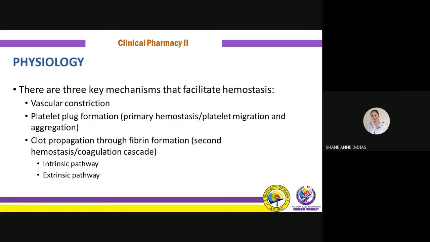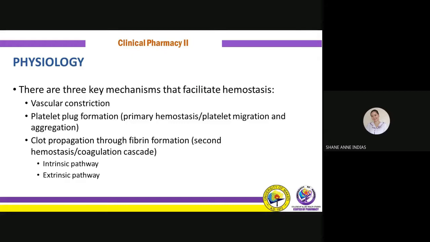So, for the physiology, as we all know, the coagulation mechanism is intricately balanced and designed to stop bleeding at the vascular injury site by complex interactions between the vascular endothelium, platelets, procoagulant proteins, anticoagulant proteins, and fibrinolytic proteins.